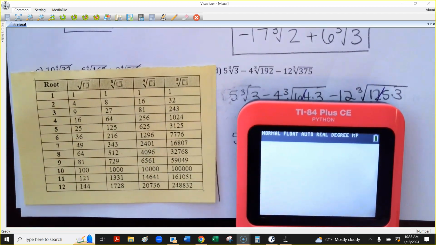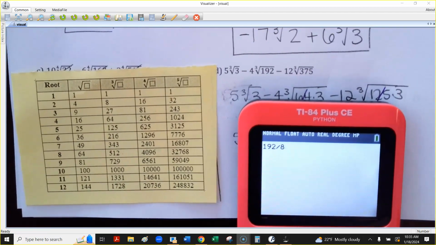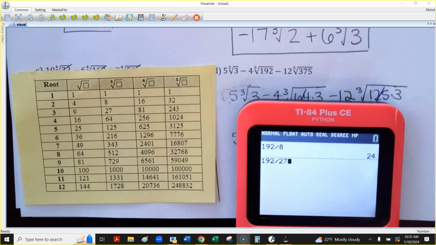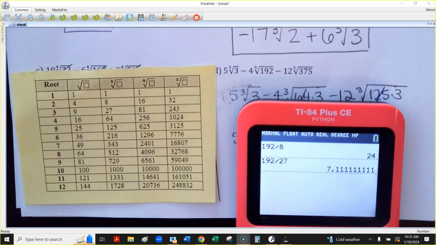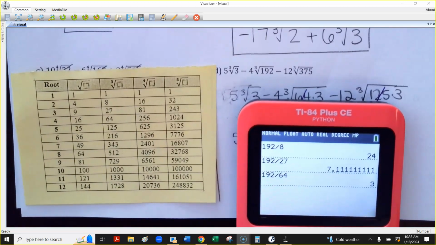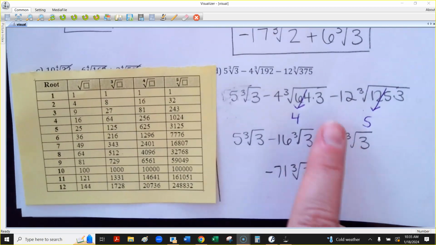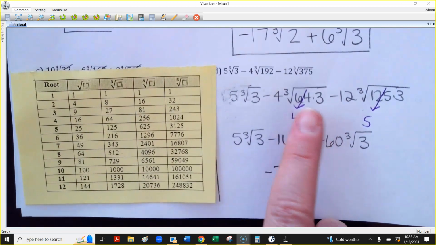So if I do 192 divided by 8, that goes in. If I do 192 divided by 27, that does not go in. 192 divided by 64. 125 would be too much. If you can find the biggest number on that list that'll divide into that, that can help you break it down maybe a little bit faster than a factor tree, if that makes any sense. So I just rewrote that as 64 times 3.